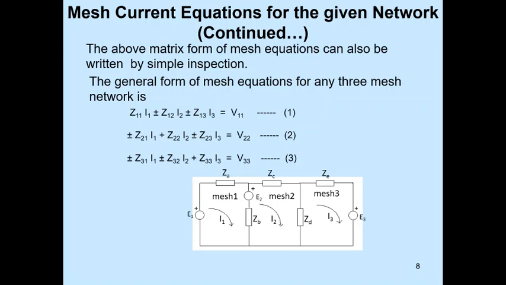Z31 is the transfer impedance between mesh 1 and mesh 3, Z32 is the transfer impedance between mesh 2 and mesh 3, and Z33 is the impedance in mesh 3, equal to V3, the voltage appearing in mesh 3.